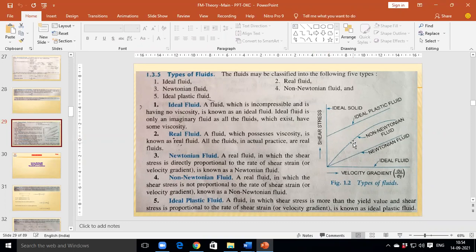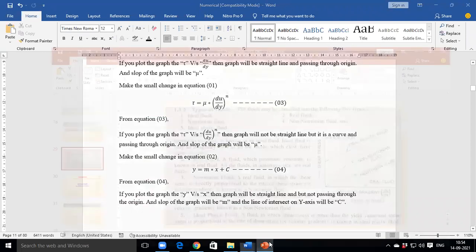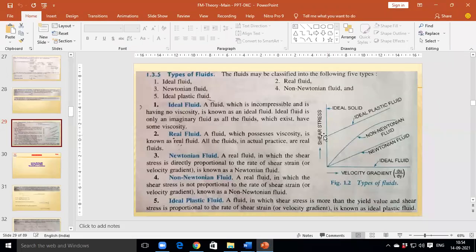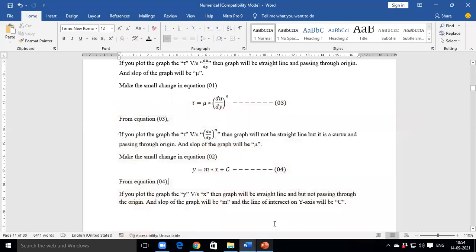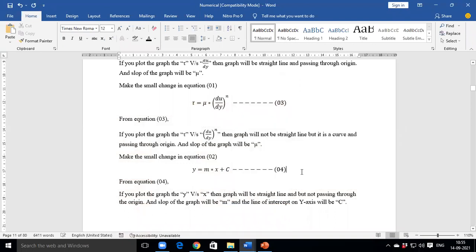C. That is called the line of intercept.